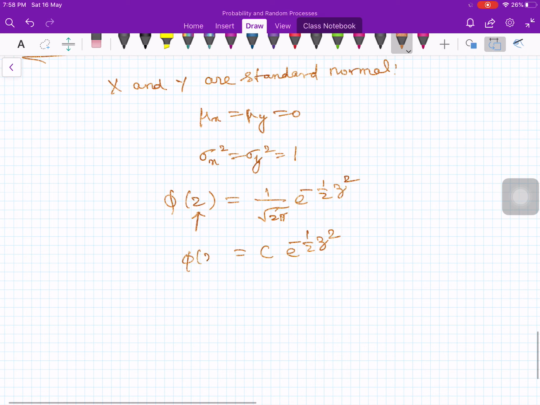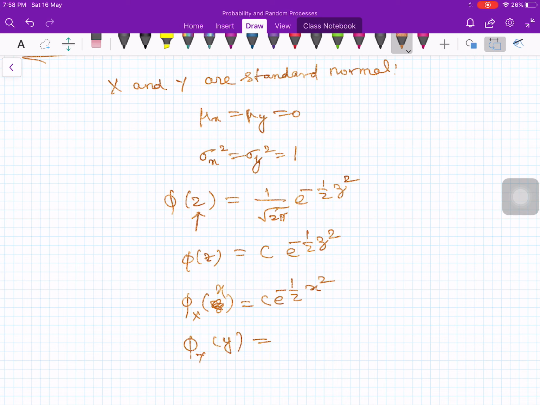This is my standard normal. Then phi x of x is c times e to the power of minus 1 by 2 x squared, and phi y of y is c times e to the minus 1 by 2 y squared, where c I assumed is 1 by root of 2 pi, a constant.